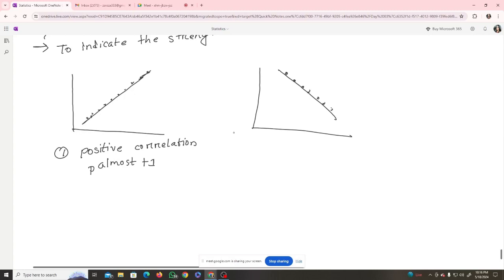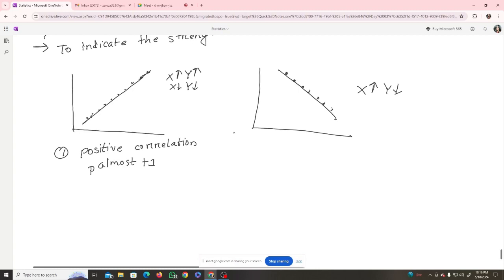In this case, you can see this is a negative relationship. As x increases, y decreases, or the similar thing can happen as well: y increases and x decreases. And in the positive case, x increases and y increases, or x decreases and y decreases.